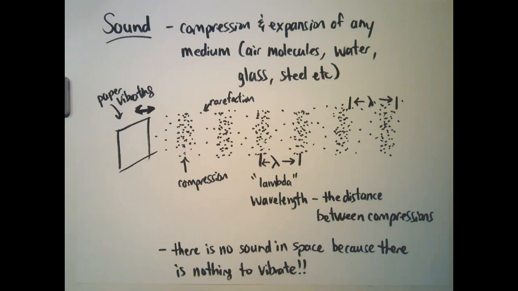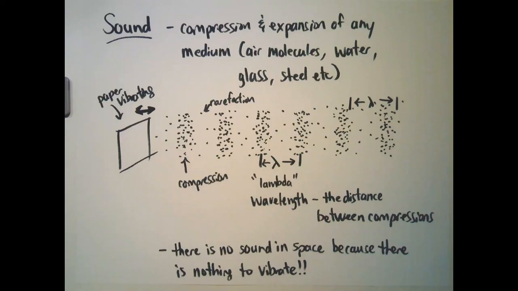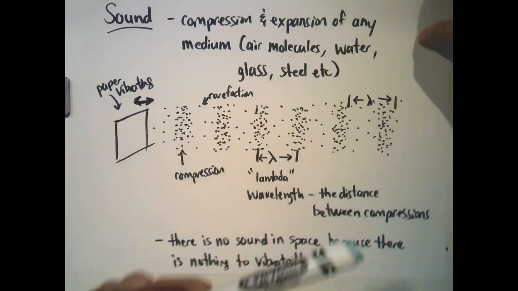All right, so we talked about paper vibrating, and that's how sound is created. So let's talk about the next concept. We talked about the distance of compressions. That's great. But how quickly does something vibrate? And that's called frequency.